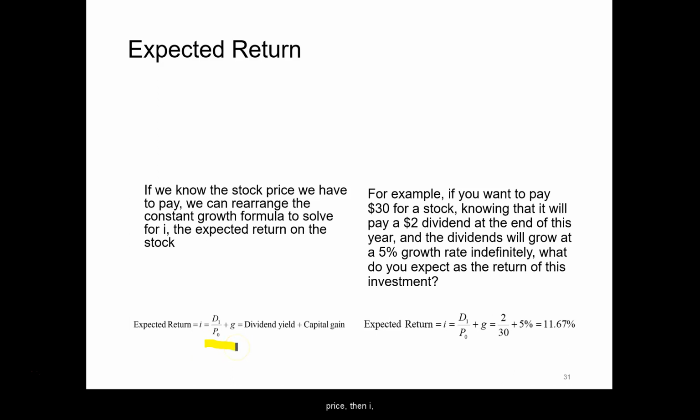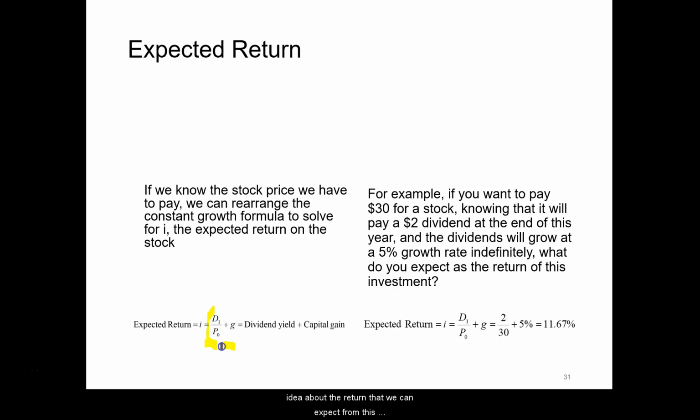So that is telling us that if we know the price and the future dividend payment pattern, then we can have some good idea about the return that we can expect from this investment if we pay the price today to buy the stock and hold it in the future.